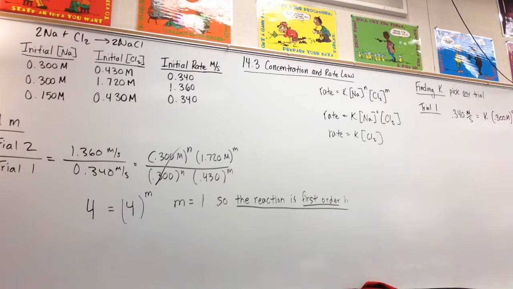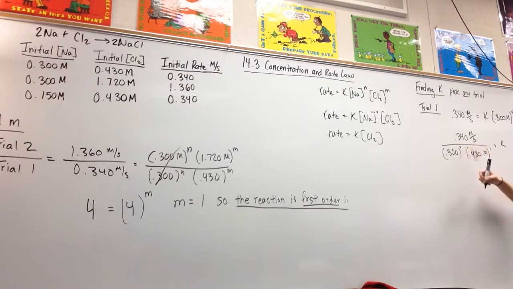So now we just have to do a little bit of math and figure out what K is going to be. To get K alone, I'm going to bring both of these terms over to this side. So that's going to be 0.340 molar per second divided by 0.300 to the 0 power, that's molar, doesn't matter, times 0.430 molar to the first power, and that's equal to K. This term ends up being 1.